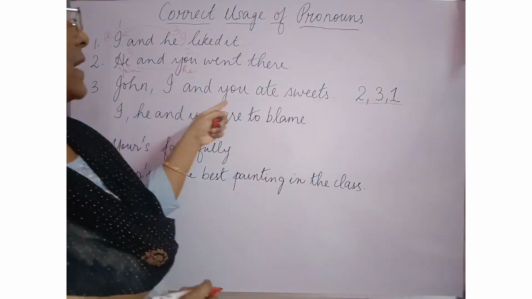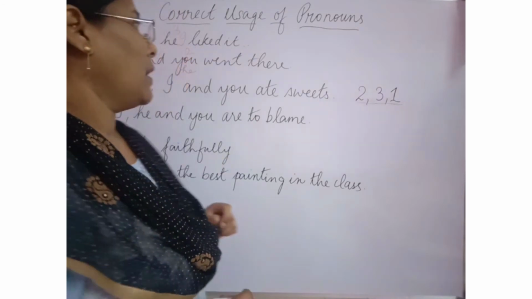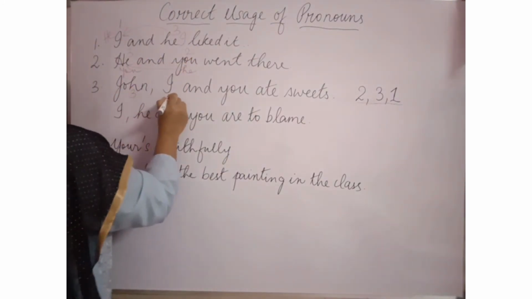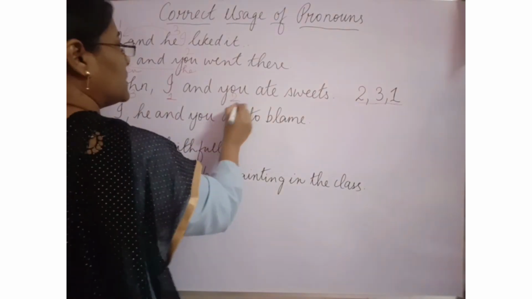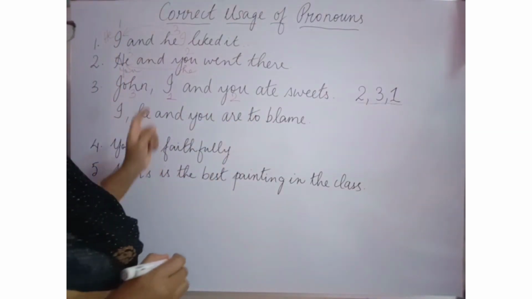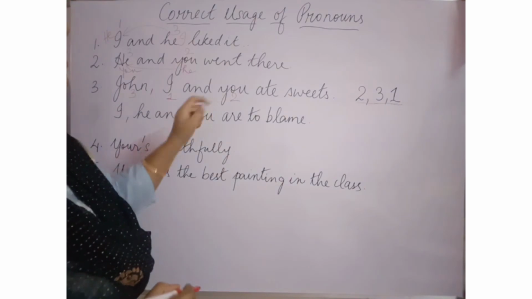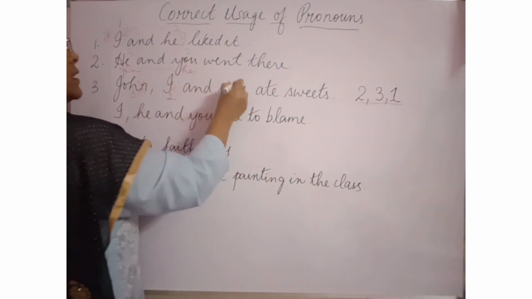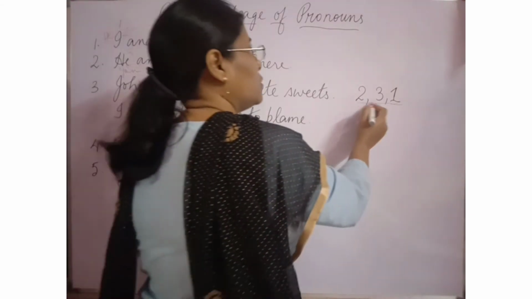Now you see the third example. John, I and you ate sweets. John is third person, I first person, you is the second person. Now is it following this arrangement 2-3-1? No, it's wrong. The wrong usage of the pronouns. It should follow 2-3-1.